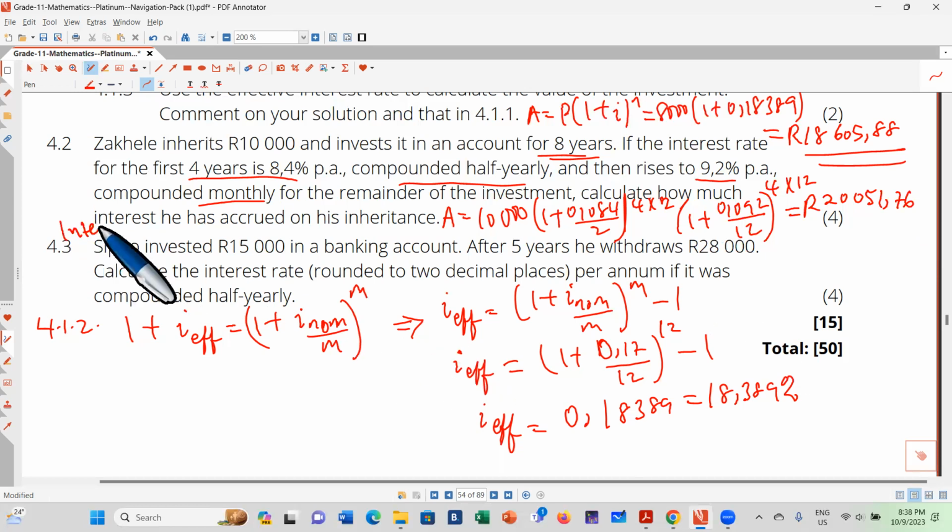We say the interest is going to be this future value, 20,051.76, minus 10,000. We're subtracting the initial investment.